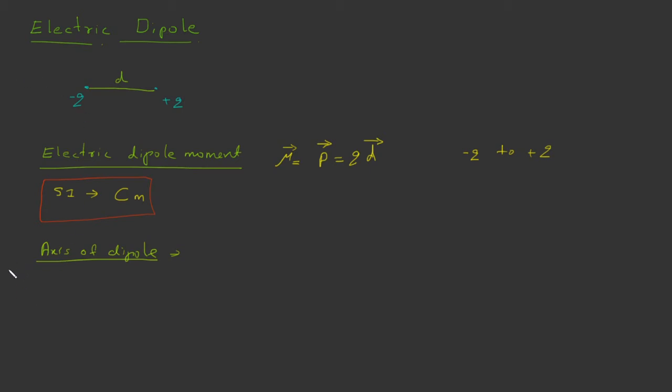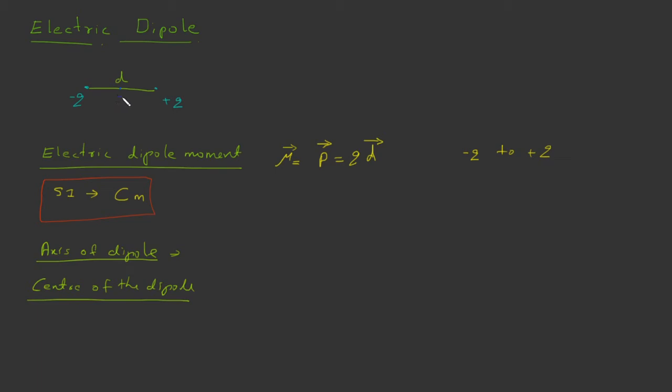Now the third term we are going to study here is center of the dipole. Center of the dipole is the midpoint of locations of minus q and plus q, and we know it will come here.